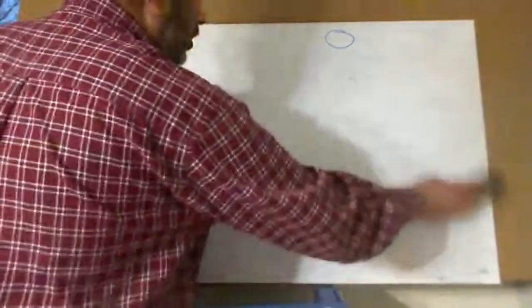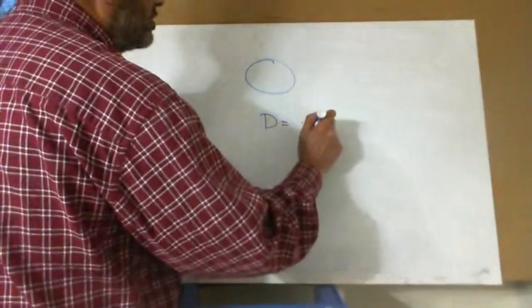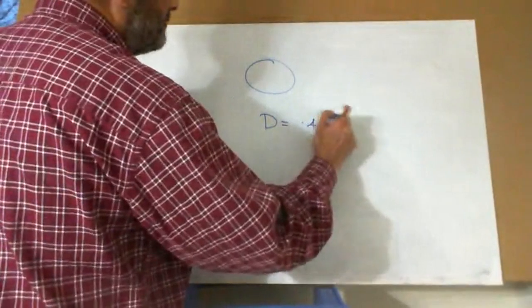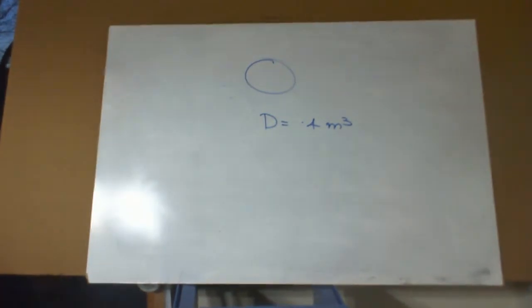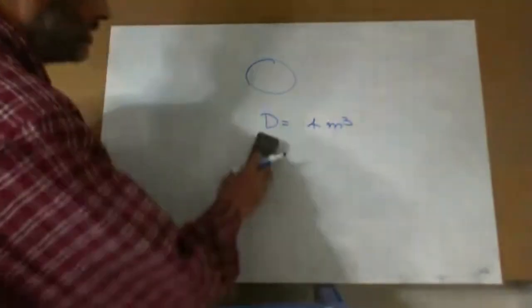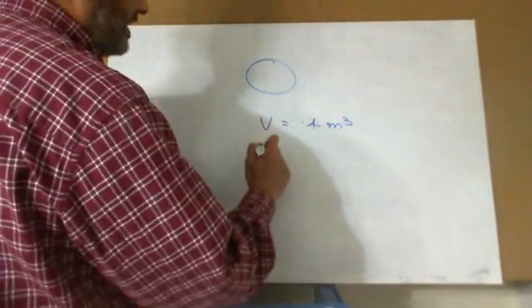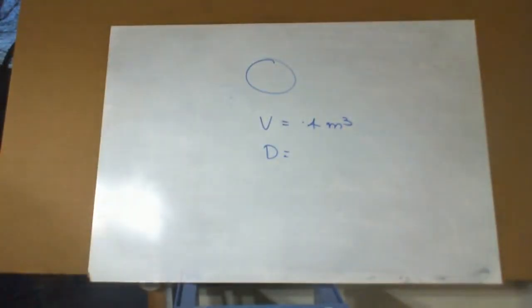There is a solid ball that has a volume of 0.4 cubic meters. I'm sorry, what am I doing? This is the volume. And the density is 3,000 kilograms per cubic meter.